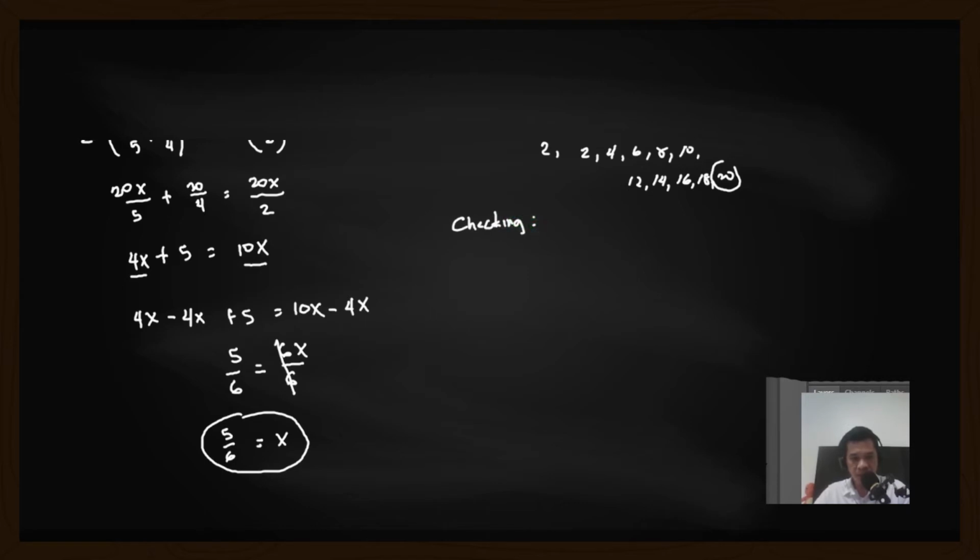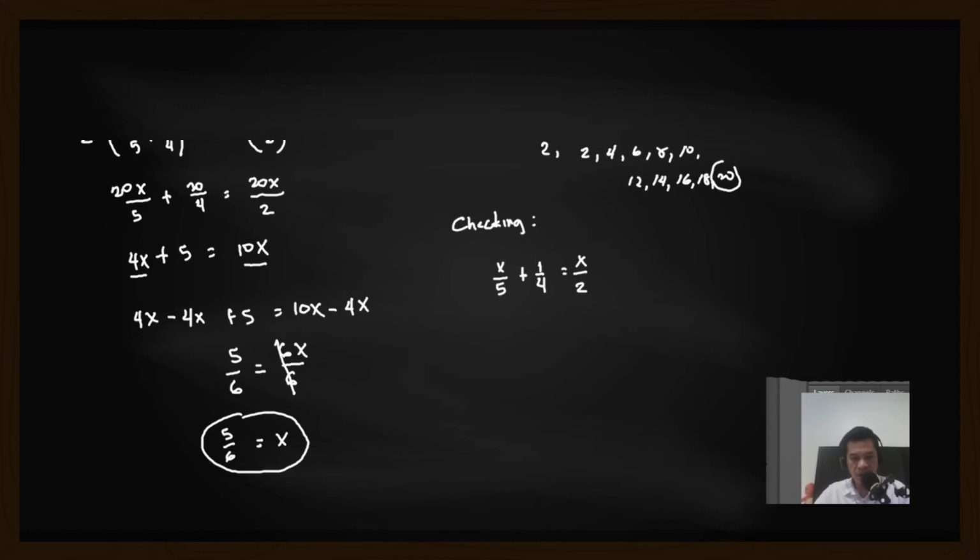Okay, so our rational equation given, we have 5 over x over 5 plus 1 over 4 is equal to x over 2. So remember, in our solution, we come up with the value of x, which is equal to 5 over 6.